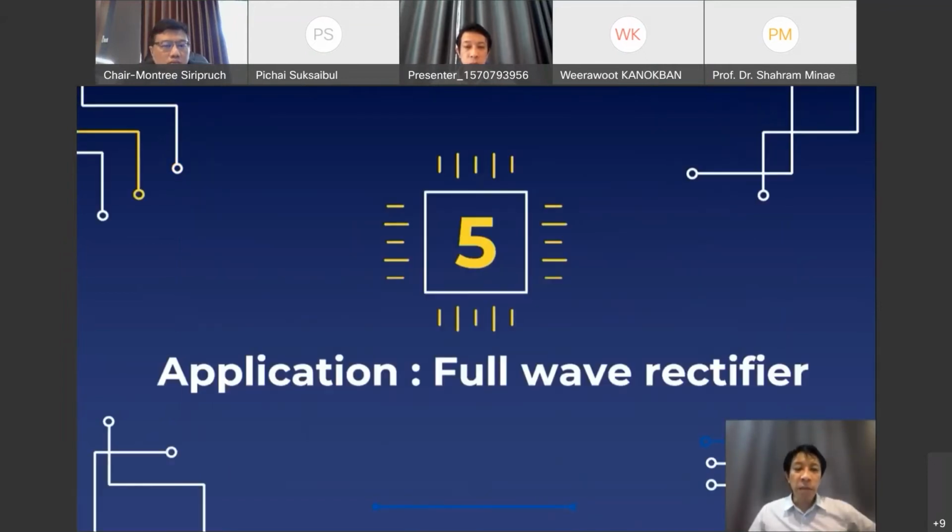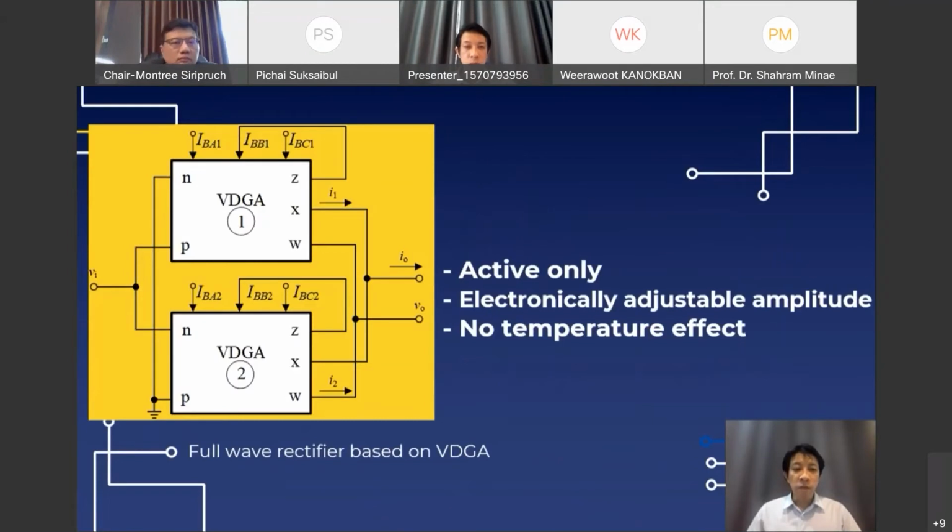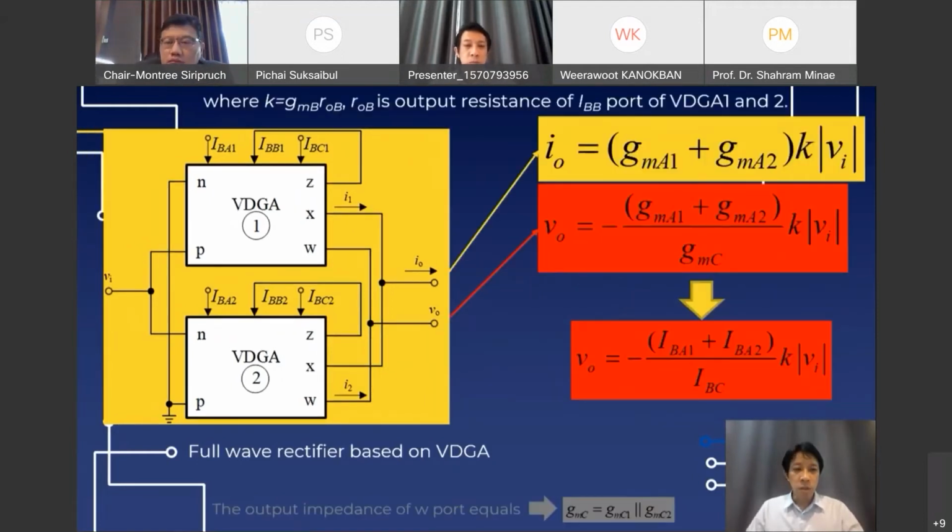An example application as a full wave rectifier is shown in this part. The full wave rectifier based on VDGA is shown on the left side; the circuit consists of two VDGAs. This circuit has advantages such as active only, electronically adjustable amplitude, and no temperature effect. This circuit gives current output and voltage output at the same time, following these equations. You can see that the current output IO can be controlled by external current sources IBA1 and IBA2.